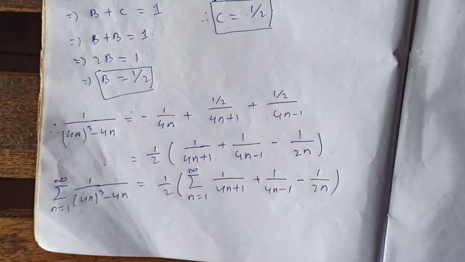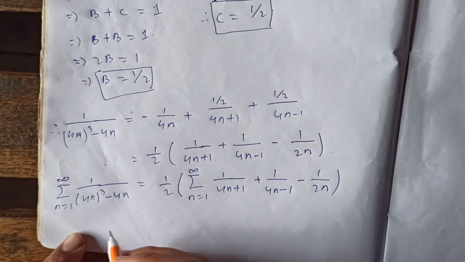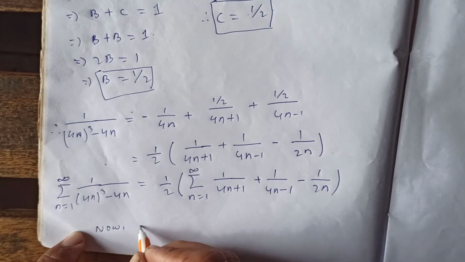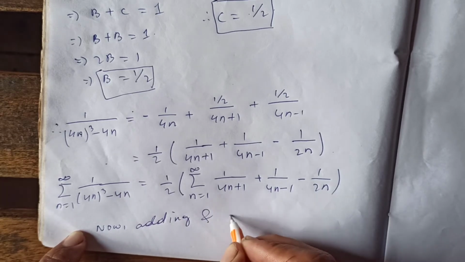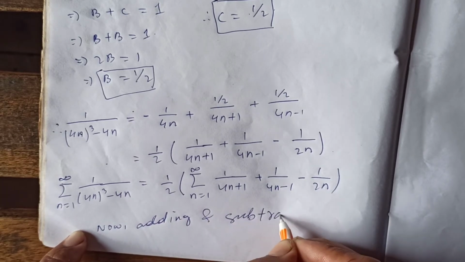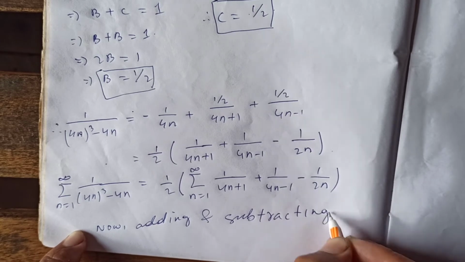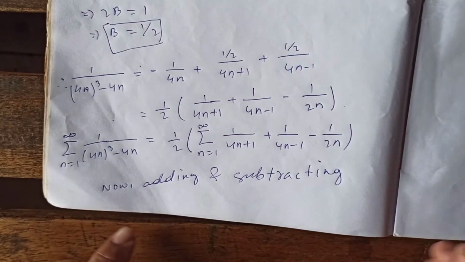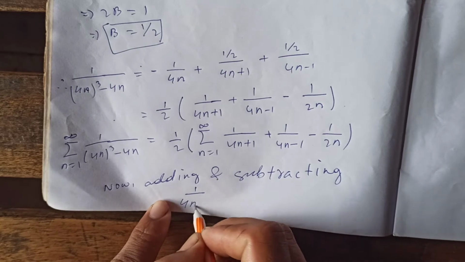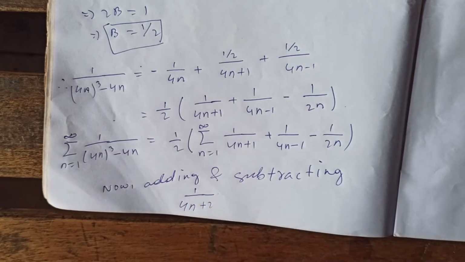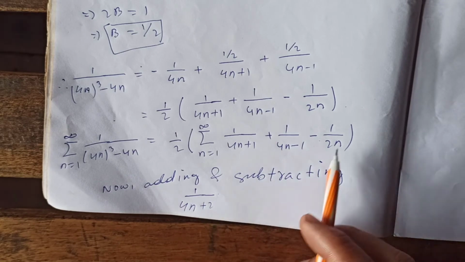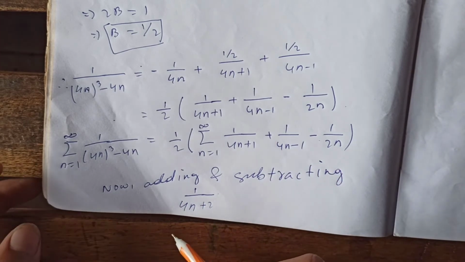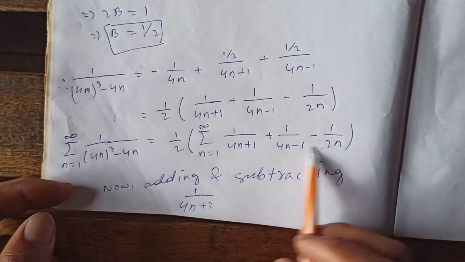Now I am adding and subtracting 1 over 4n plus 2, in order to get this one again. Let me try in the next page.